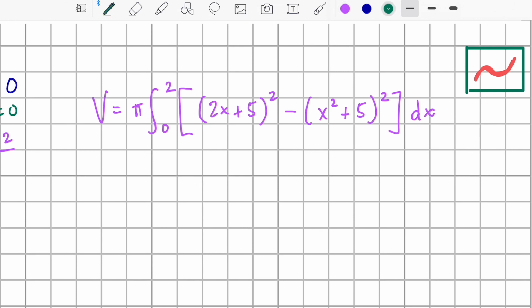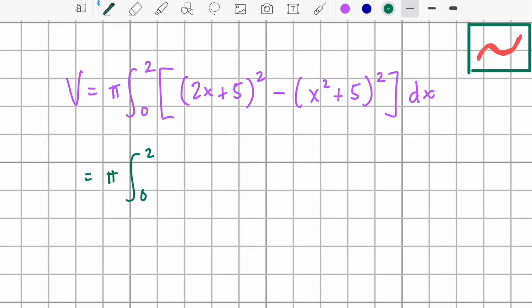This one we're able to expand, so let's expand. Pi integral from 0 to 2. If I expand this first binomial, that's going to give me 4x squared plus 20x plus 25, minus, and I'm going to put parentheses around it because I'm going to have more than one term.